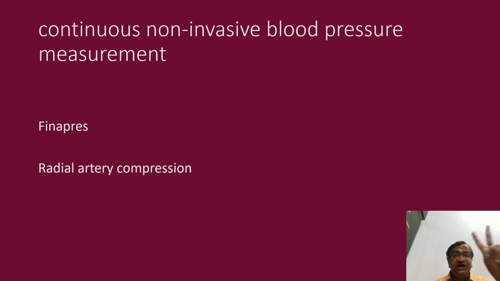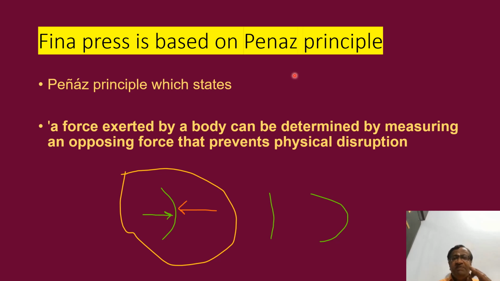Now there are two continuous, non-invasive methods. One is the Finapres, another is radial artery compression. What is the basic physics inside? Finapres is based on Penaz's principle. Penaz's principle states that the force exerted by the body can be determined by measuring an opposing force that prevents physical disruption.